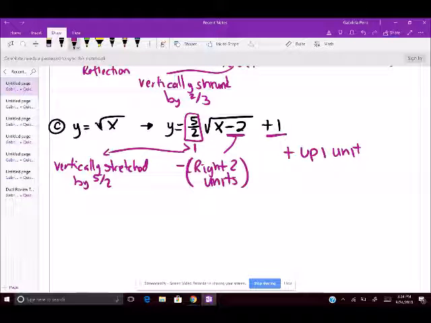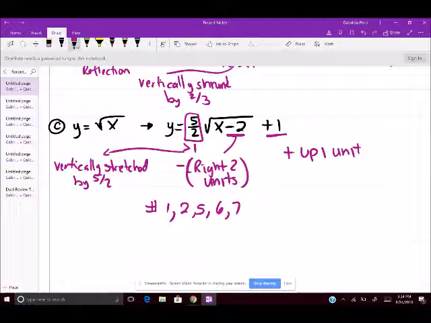So looking at this, it should be good enough for you to work on problems 1, 2, 5, 6, 7, and 8.